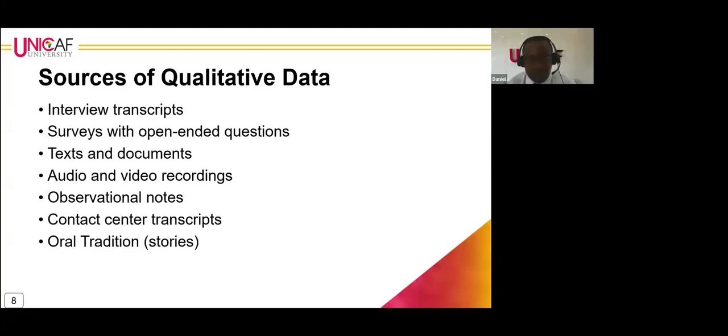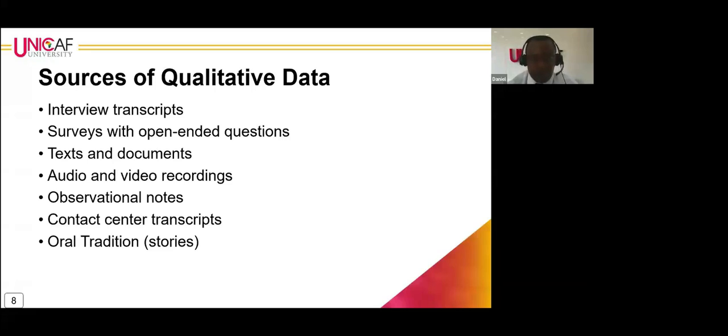The second source of qualitative data is surveys. In quantitative research, you have surveys that are closed-ended. They do not give you an option to give your opinion, your view, your perception, and so forth. In qualitative research, we often insist on open-ended questions, questions that give a respondent an opportunity to say something.